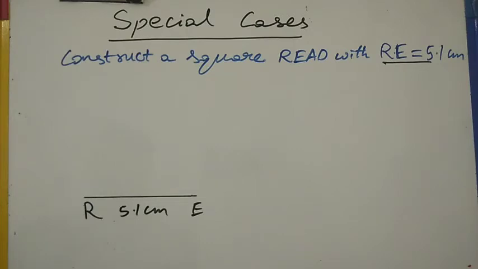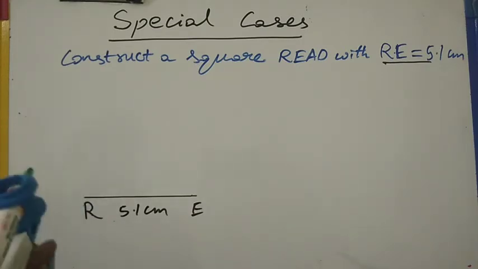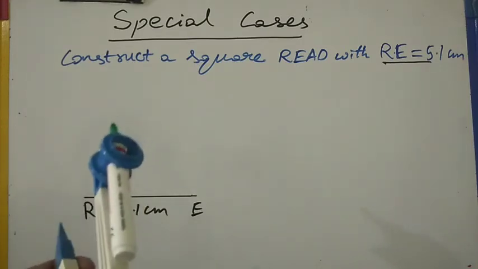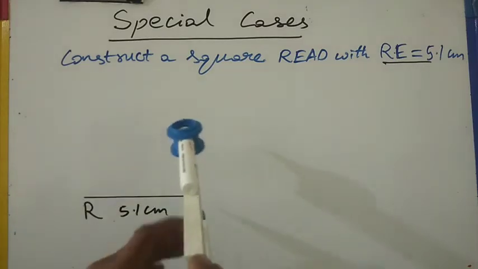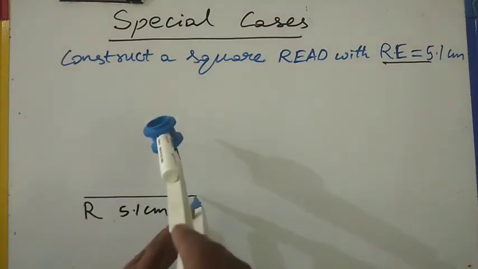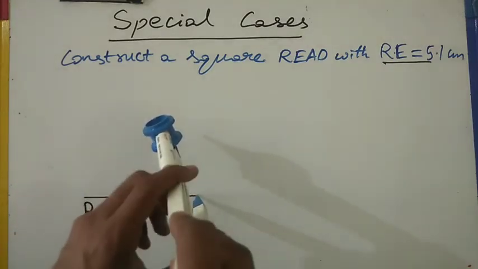That means you can construct here a ray making 90 degrees.